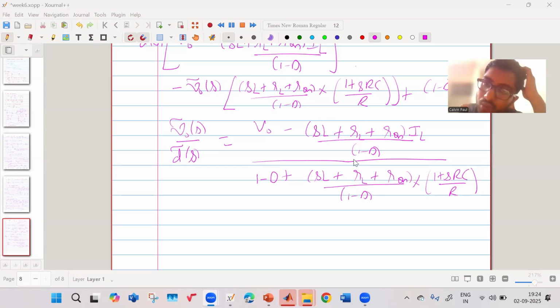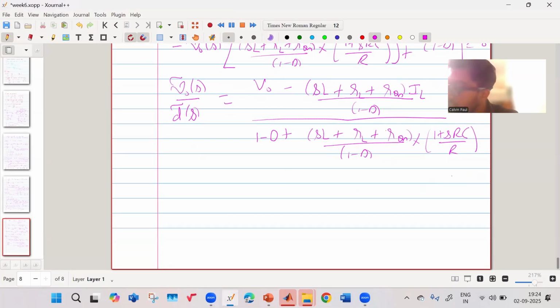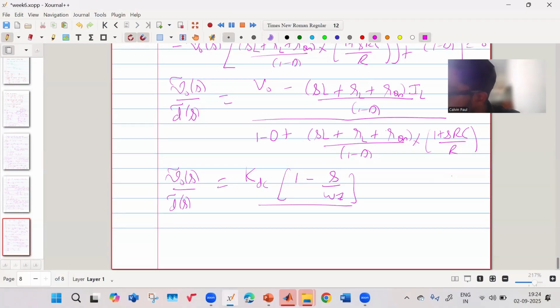So what you have to write is, they may say, you have to write your V output per term of S by D per term of S as K DC gain into 1 minus S upon omega 0, into, let us say, 1 plus A1 S plus A2 S square.